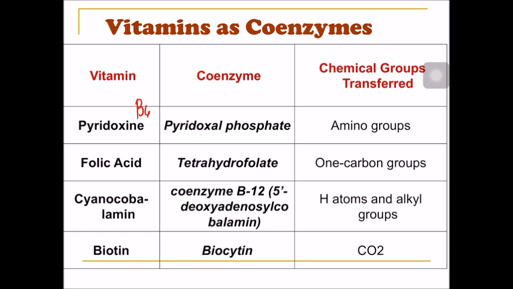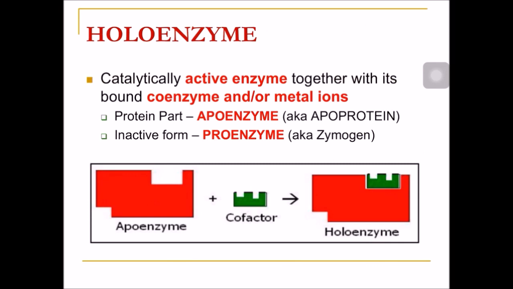Pyridoxine is B6, folic acid is B9, cyanocobalamin is B12, and then biotin is vitamin H. Okay, vitamin H. So with this, meron tayong mga coenzymes din derived from these vitamins, such as pyridoxal phosphate, tetrahydrofolate, and then coenzyme B12, and then biocytin. These are important for the transfer of these groups. Again, you have to memorize that.